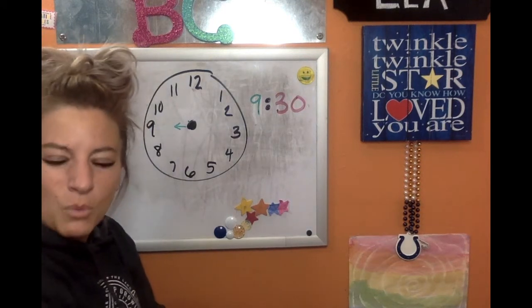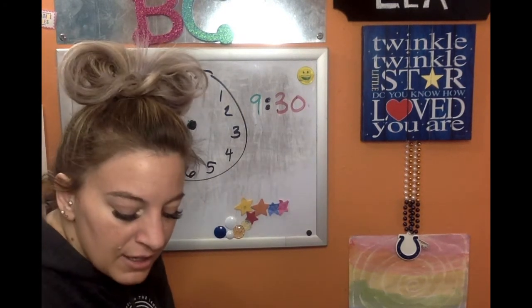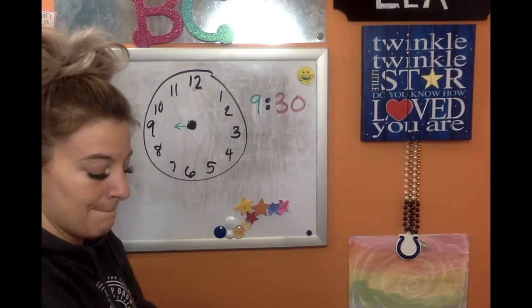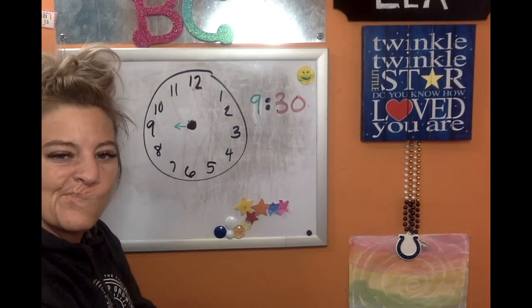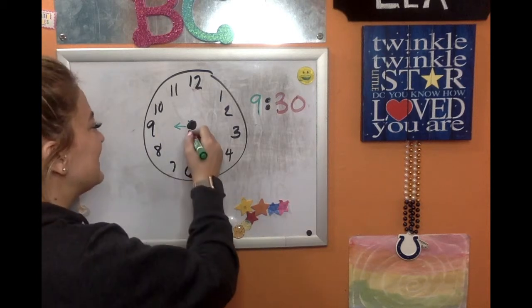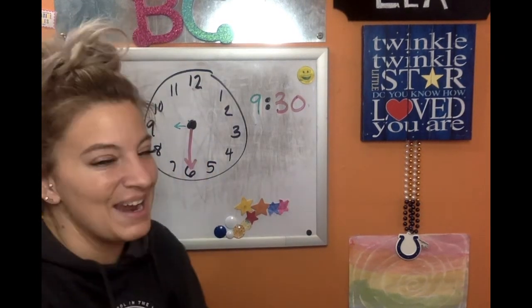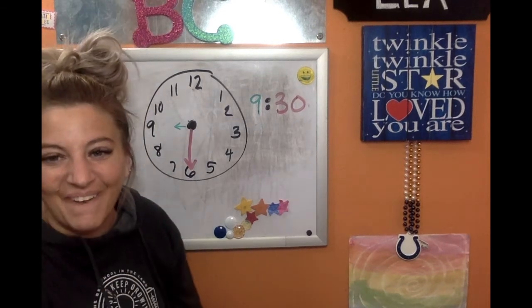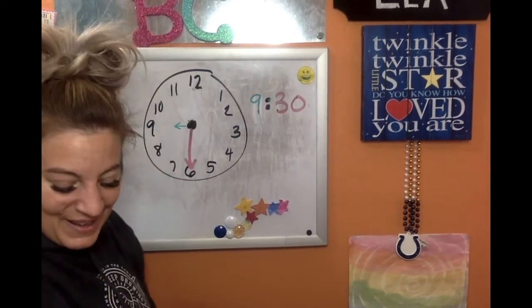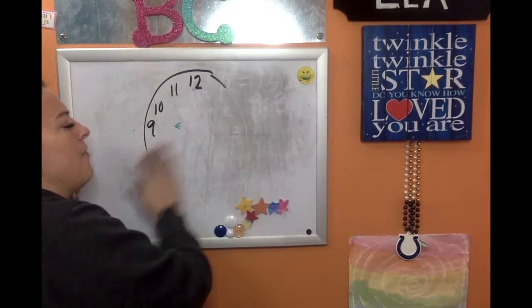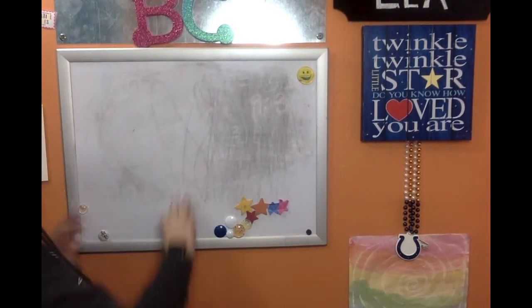Do you remember? 6! Yes, that's right. I bet you guys didn't forget it all. You remembered. Good work. Okay, our last 2 problems we're going to do on the number line.